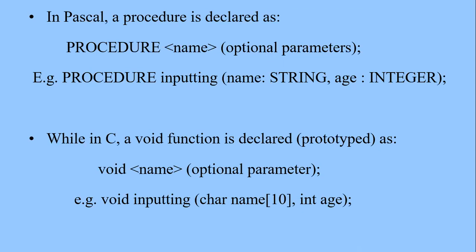we have the procedure followed by the name and the parameters. And these parameters are written in the same manner that we declare them in our declaration section by including the name and the type of parameter, the type of value to be received and stored.